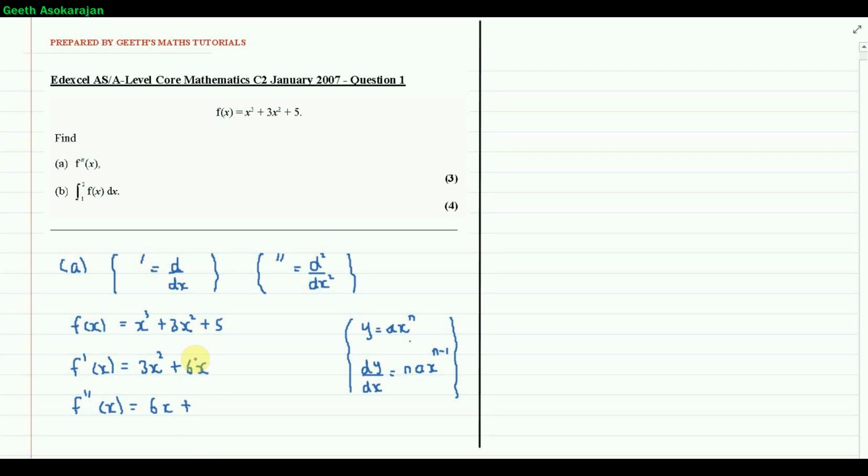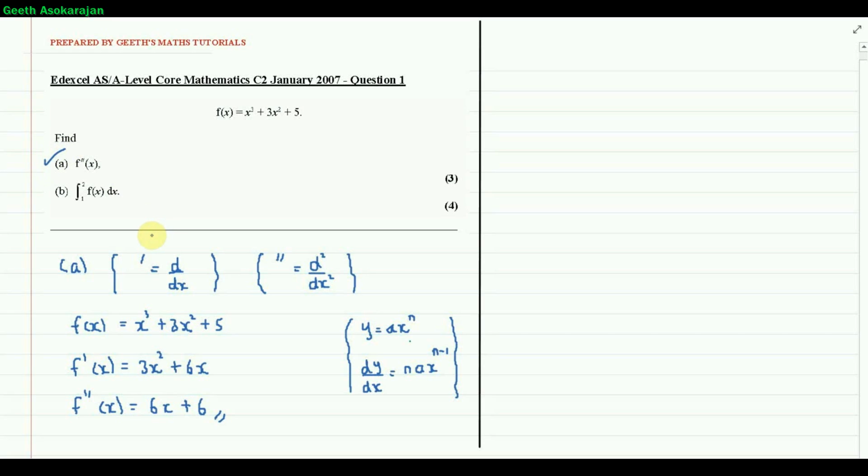When I differentiate 6x, we should get 6, so we're just dropping the x. You could follow the same principle of multiplying by the power and subtracting 1 from the power to give us 6x to the power 0, but x to the 0 is 1, and 6 into 1 gives us 6. So this is the outcome of f double primed x.